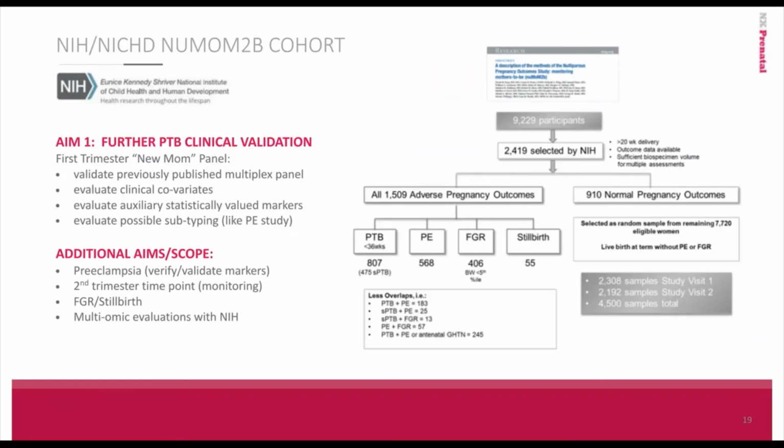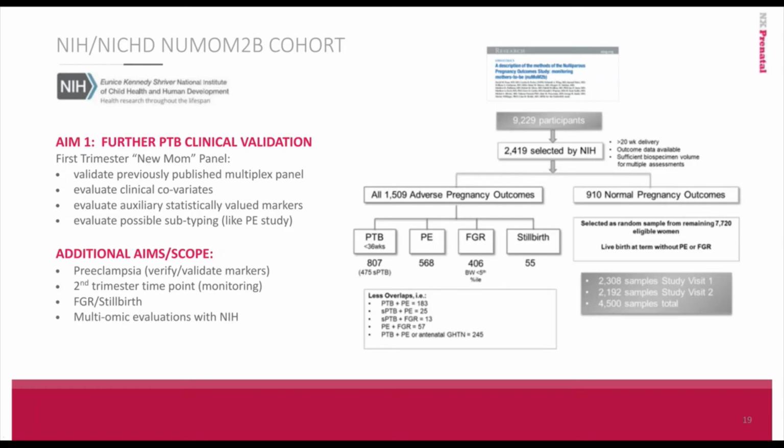The extended validation we are currently involved in is the largest of its kind, using a government-funded biobank that was almost tailor-made for our panel and validation studies, the so-called New Mom to Be cohort, PI being Dr. David Haas at Indiana University, who is another academic collaborator.